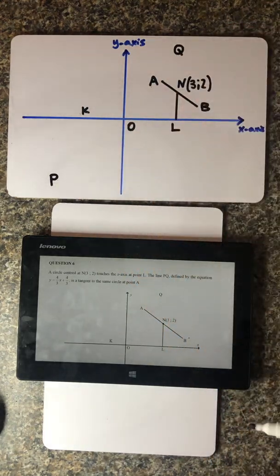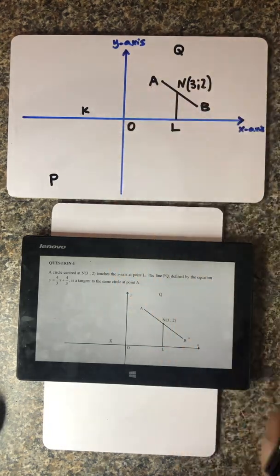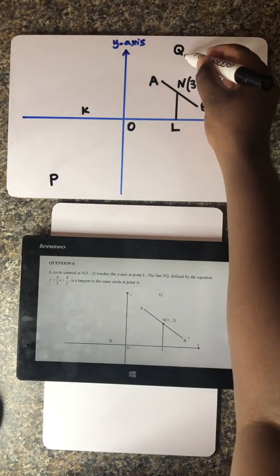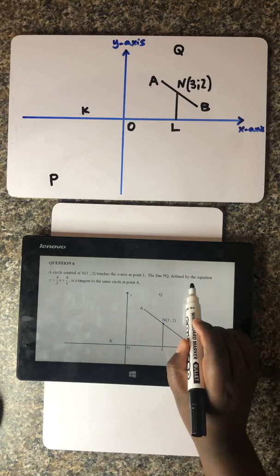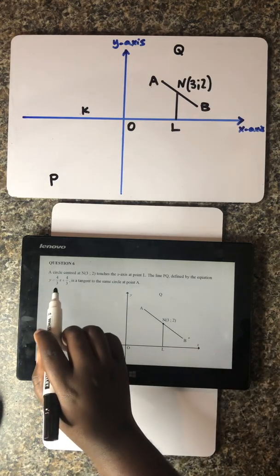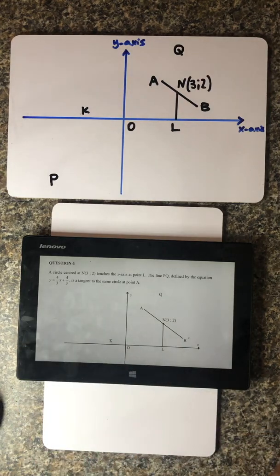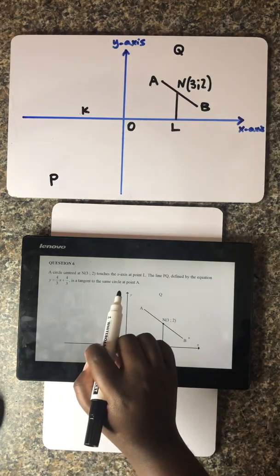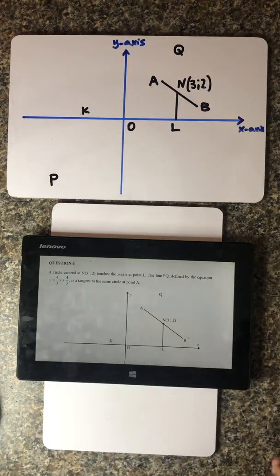Obviously when they say line, they're talking about a straight line. Very, very much important. So a straight line PQ defined by the equation y = 4/3 x + 4/3 is a tangent to the same circle at point A. Very, very much important.